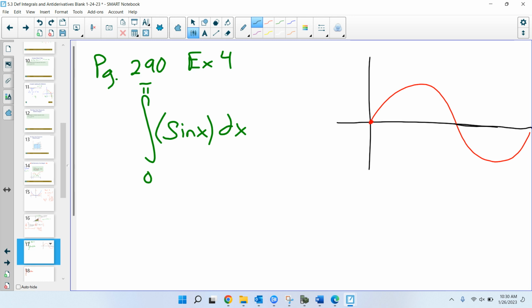Two, remember that? Where do we stop adding area? Well, isn't the sine of pi 0? Isn't this pi right here? So we're actually being asked to calculate that.